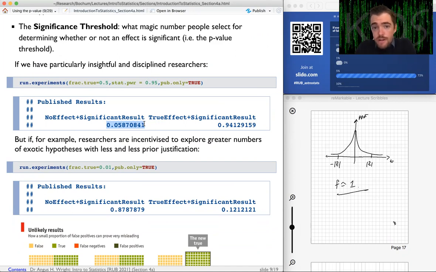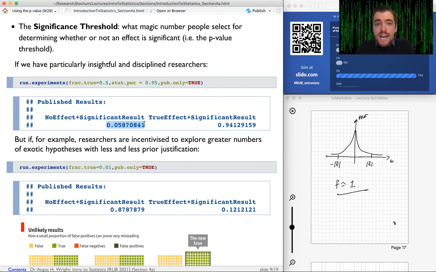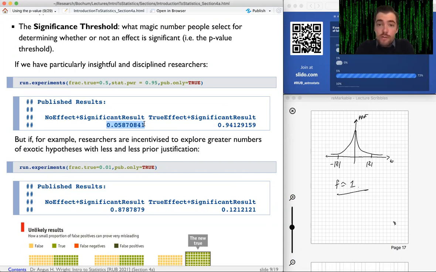So if academics are only working with hypotheses that are wrong 50% of the time, and their experiments are very, very well made, then we're at the level of p less than 0.05 gives you about 0.05 false positives.